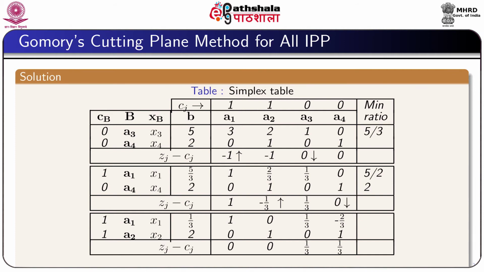In the last iteration, zj minus cj is greater than or equal to 0 for all j. Therefore, the optimality condition has been satisfied, and this gives the optimal value x1 equal to 1/3 and x2 equal to 2.